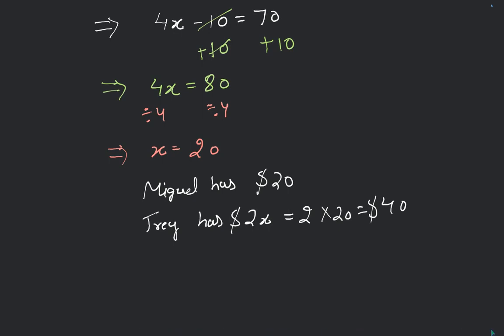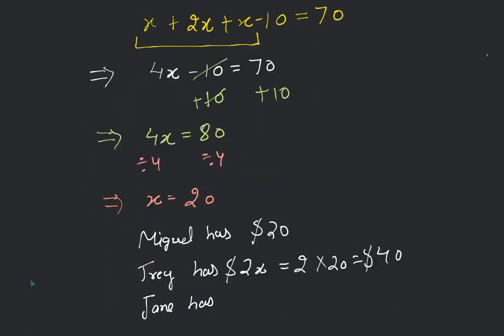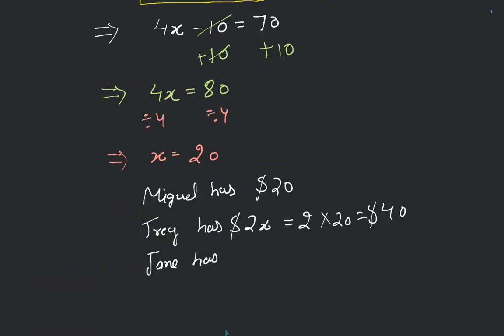And the last person, Jane, has X minus $10, so 20 minus 10, which is 10.